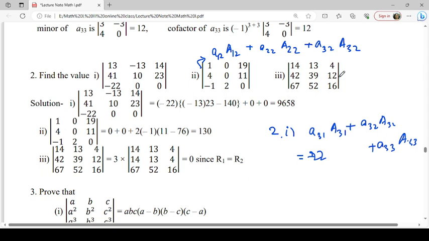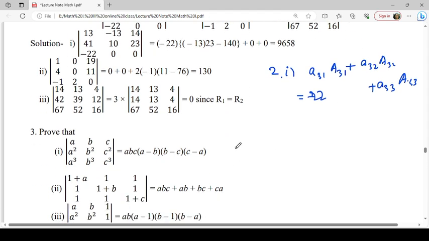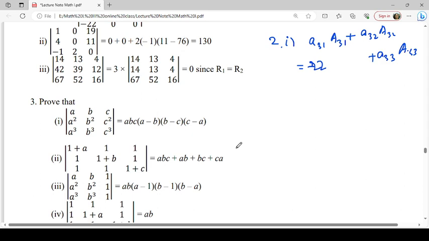In this row, 3 is a common factor, so you can take 3 outside. Then we have two identical rows, so we apply property 5 and get this equal to 0, since r1 equals r2. So this is the way of evaluating this.